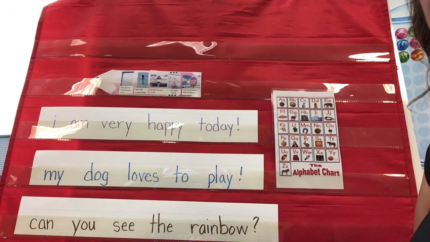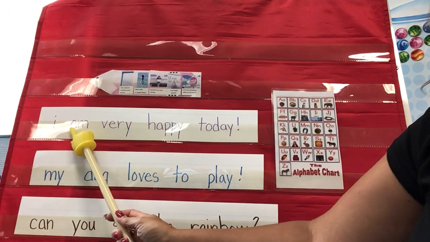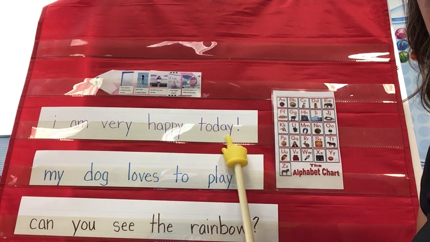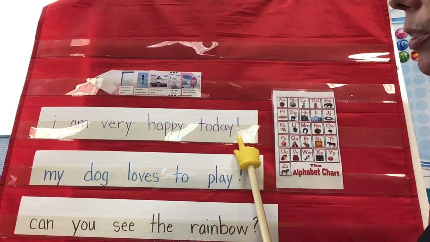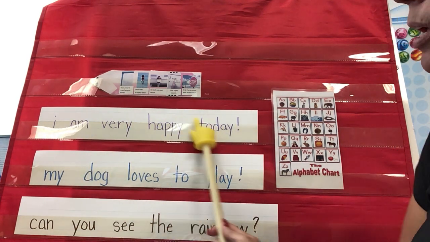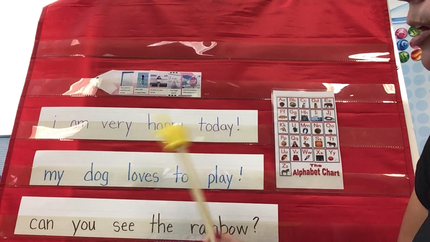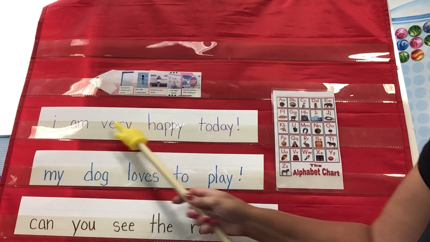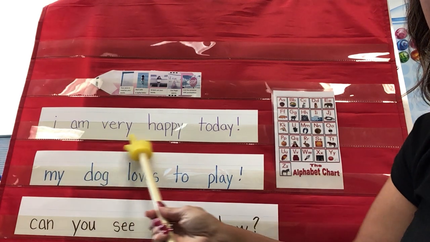We're going to go ahead with the very first sentence, and it says, I am very happy today. I used an exclamation point there. I used my finger spaces, and I made sure my letters were the right sizes. Does that look right to you if we look here? I am very happy today.